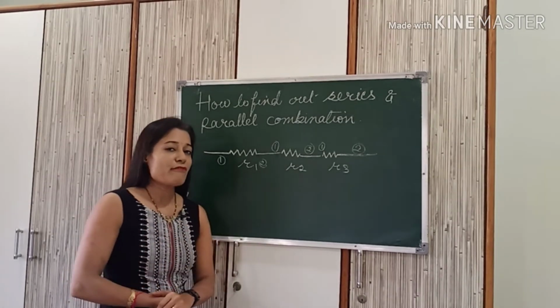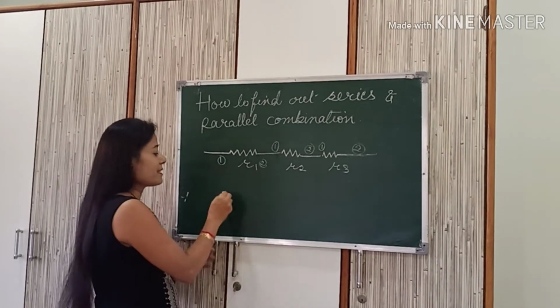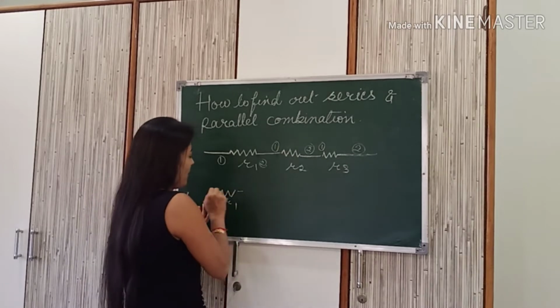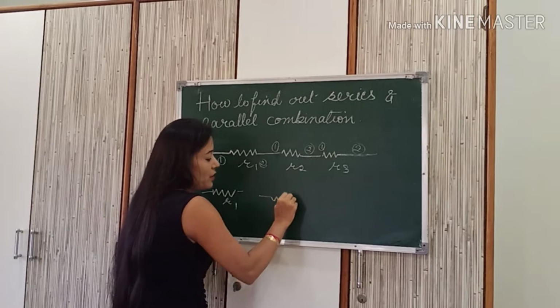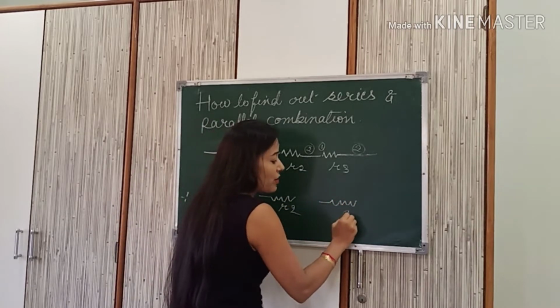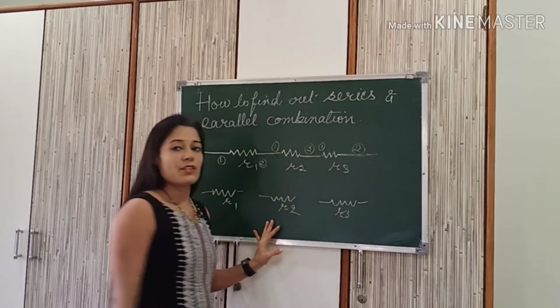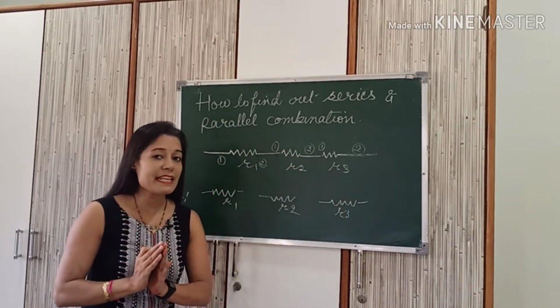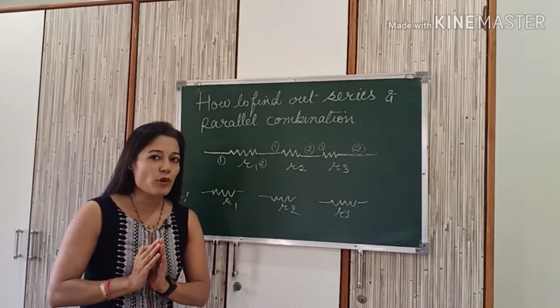Or similarly, if you have been given 3 resistances, R1, R2 and R3, and now you have to join all these 3 resistances in series combination. How will you join them?